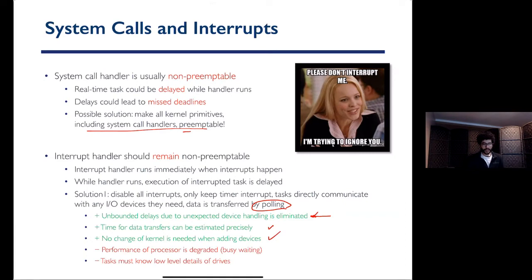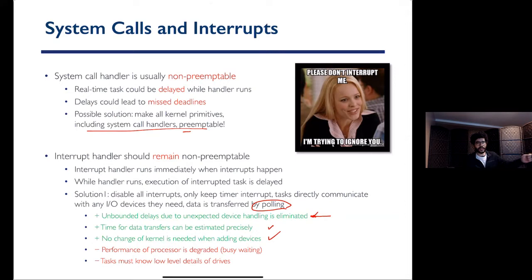The bad things about this, the first one, is polling. So you're going to do polling instead of interrupts, and polling is bad for CPU efficiency because you're going to waste CPU cycles to talk to these devices in a polling manner. For example, if you're waiting for a packet to come, then you can't use interrupts.